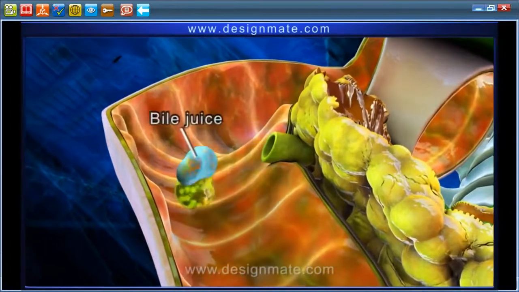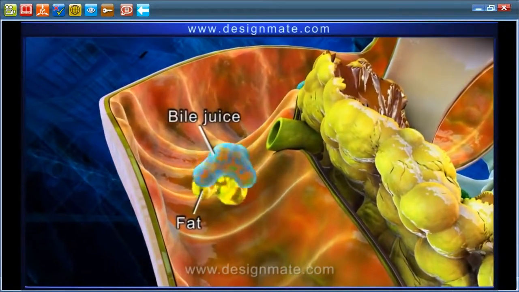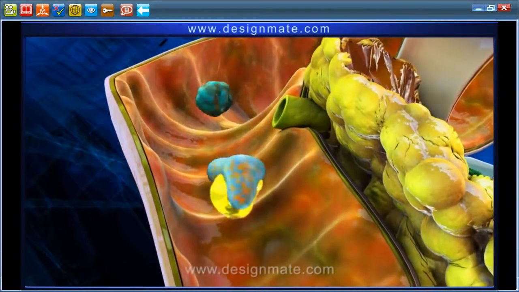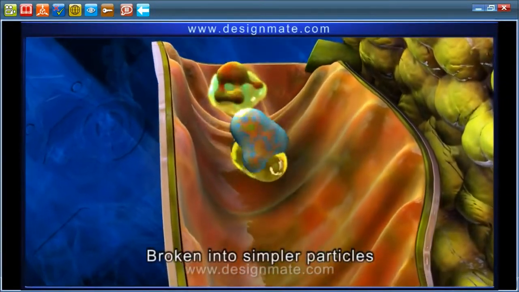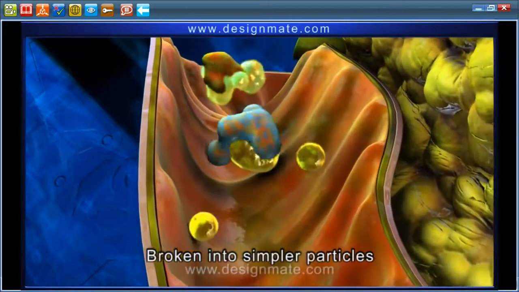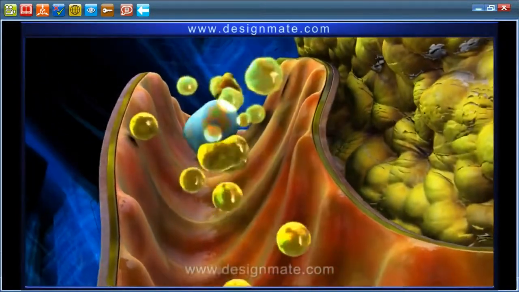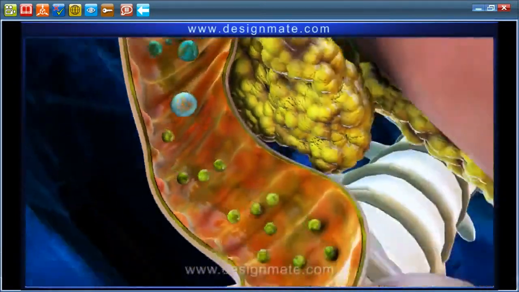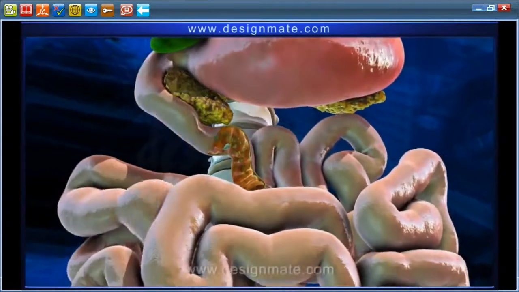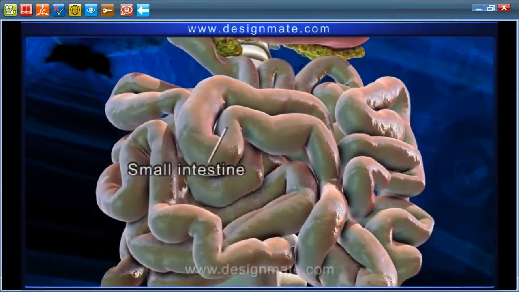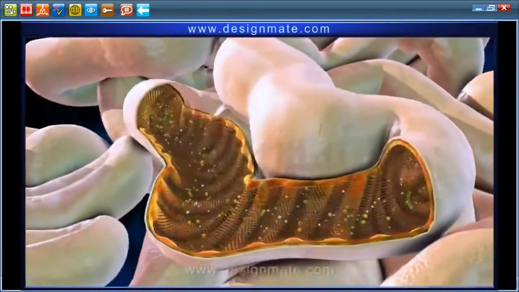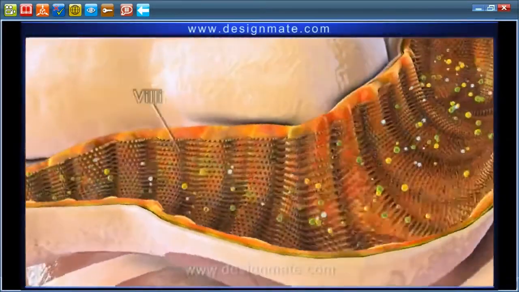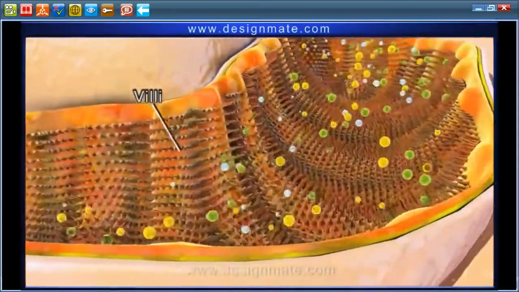The bile juice acts on the fat molecules, and the pancreatic juice acts on the food molecules and breaks them down into simpler particles. After this, the digested food particles move into the lower part of the small intestine. A sectional view shows numerous villi on its inner surface.